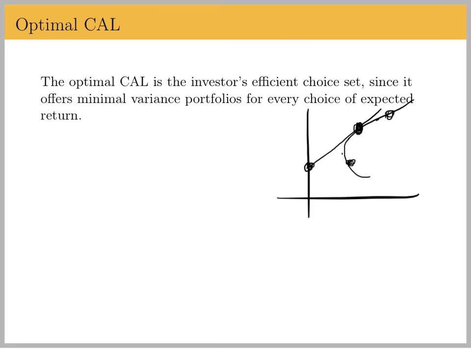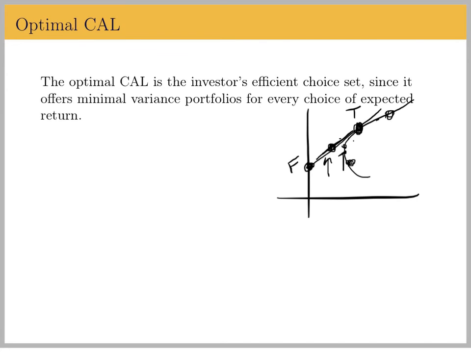So what I can do is I can synthesize a tangency portfolio here, and then I can form some portfolio between the risk-free and the tangency portfolio somewhere on this line. I can choose a portfolio here. Why do I prefer that? Because for any expected return, I've got a smaller variance here than I do here.